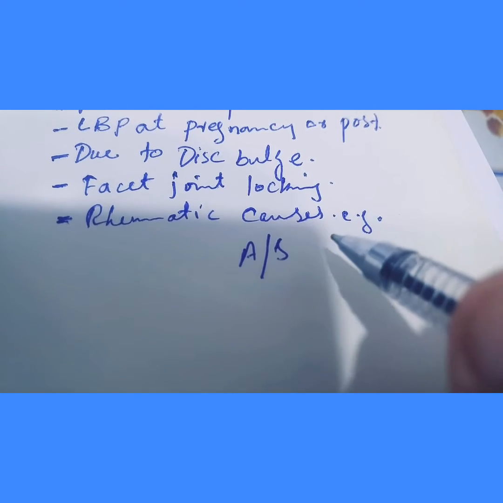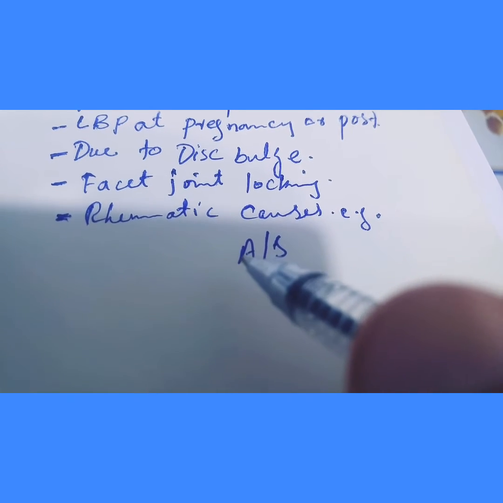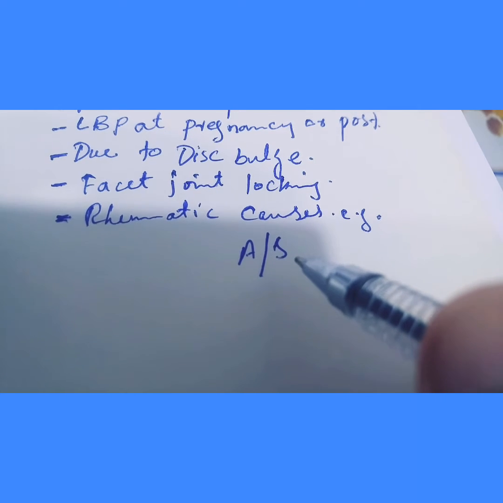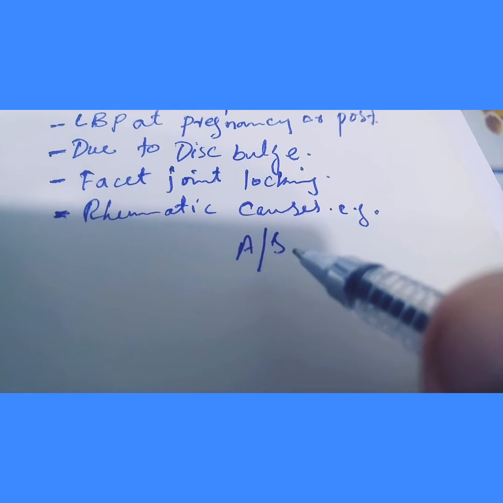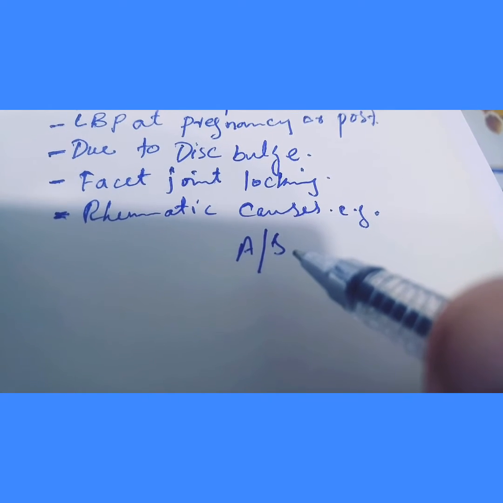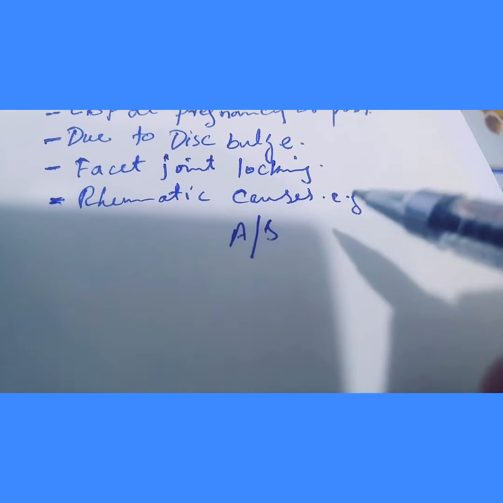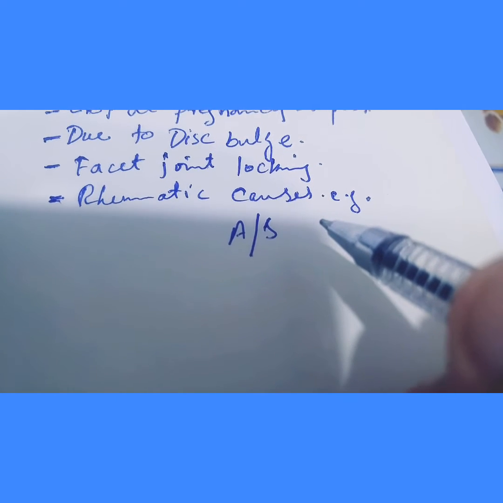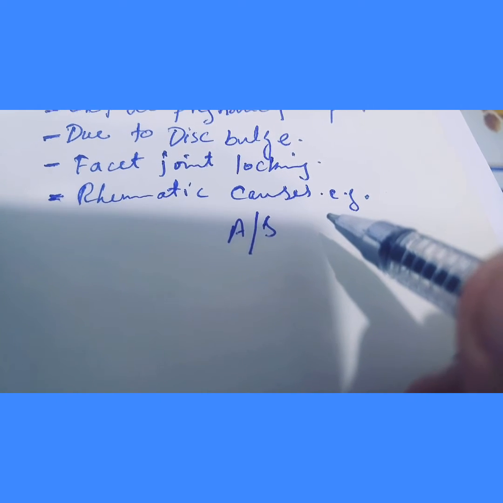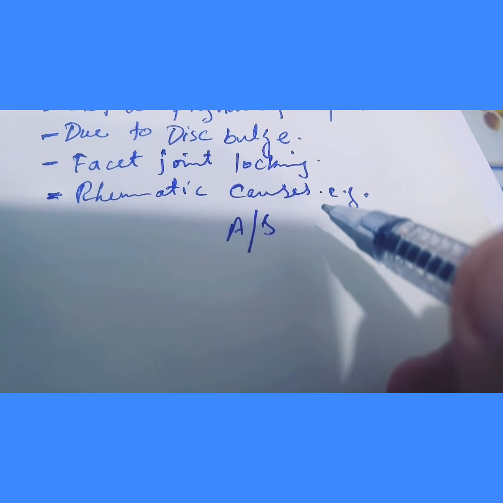In ankylosing spondylitis, there is severe pain at the lower back and spasm of the lower back muscle, mostly in the morning time when awakening from the bed. So this can be a rheumatic cause of lower back pain.